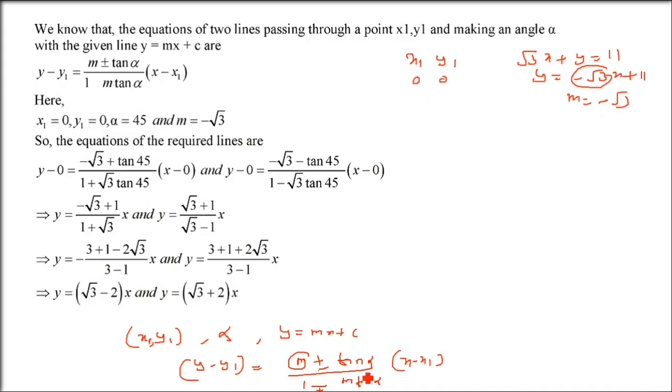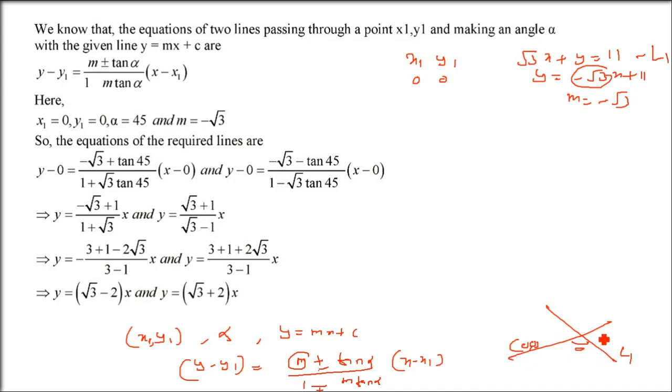So x1, y1 is there, m is also there. What about the tan alpha? Now here it is saying that these lines are making 45 degree with root 3x plus y equals 11. So this angle is 45 degree.